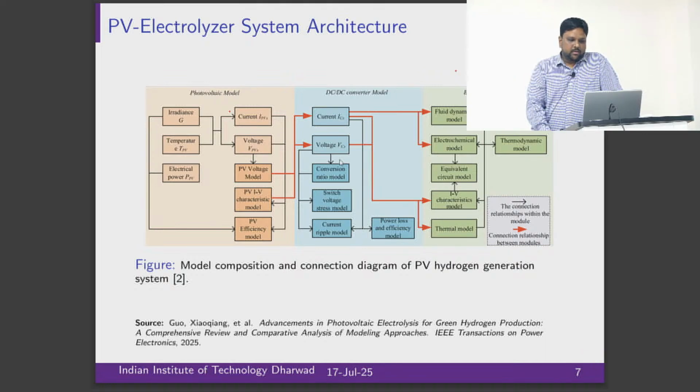Okay. Now as you know, solar power output is basically DC, right? And the DC-DC converter model I showed here. Sometimes, for grid connection of solar, you need a boost converter, because the output voltage that you generate from the solar PV panel is not compatible with the grid scale DC link voltage.